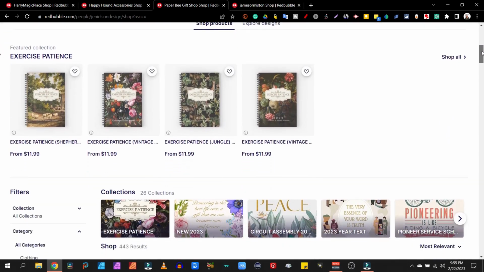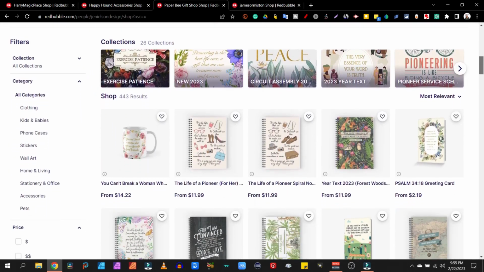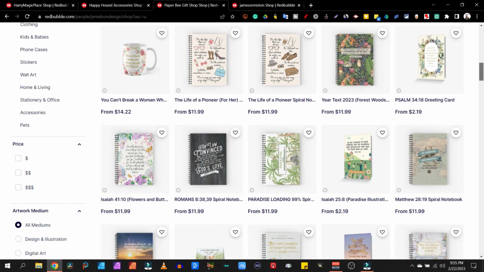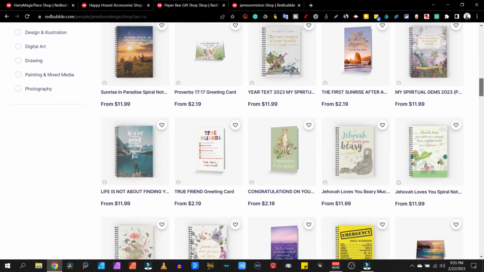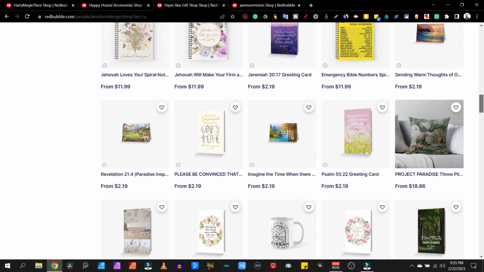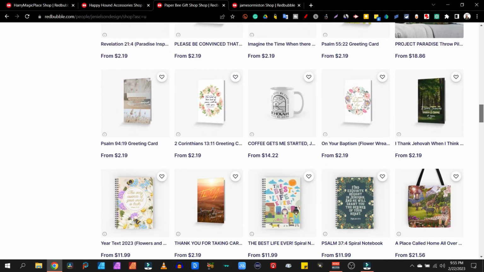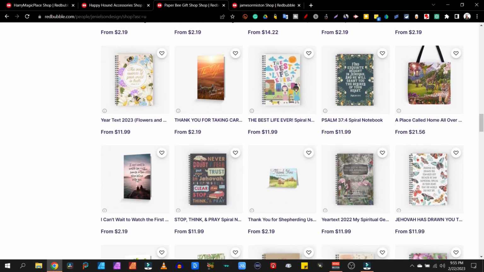This is a store that mainly focuses on paper products like notebooks and cards. They have used some of their designs on other things like a coffee mug, as you see here, but their main focus is notebooks and postcards.